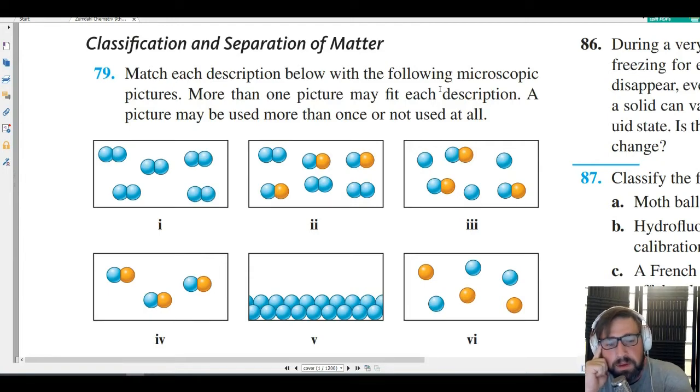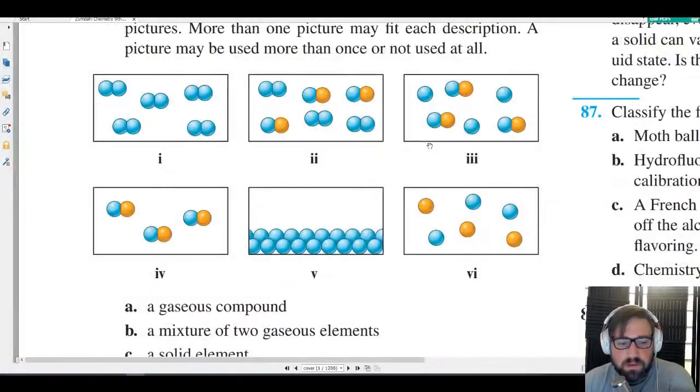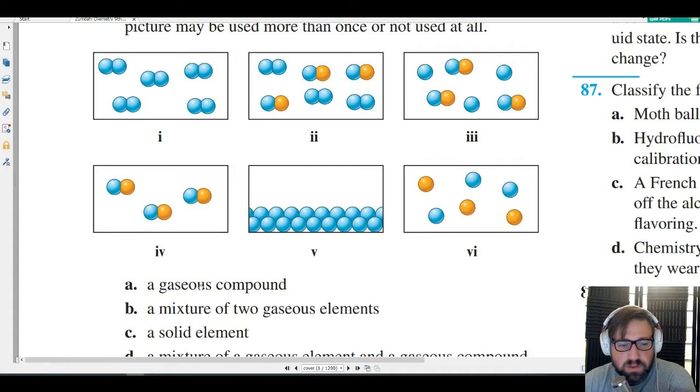So here we have 1, 2, 3, 4, 5, 6 samples, and we can see this molecular representation of them. What we're going to do is see which ones are gaseous first.